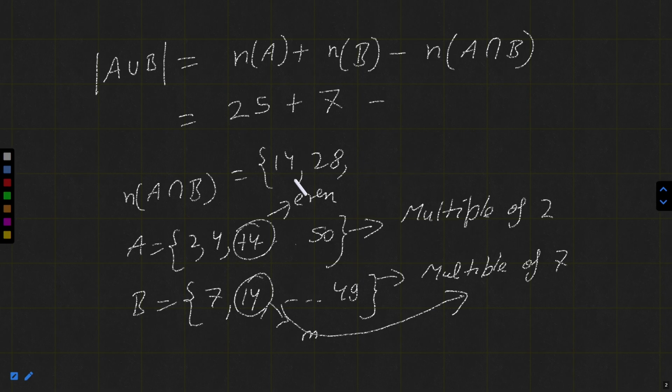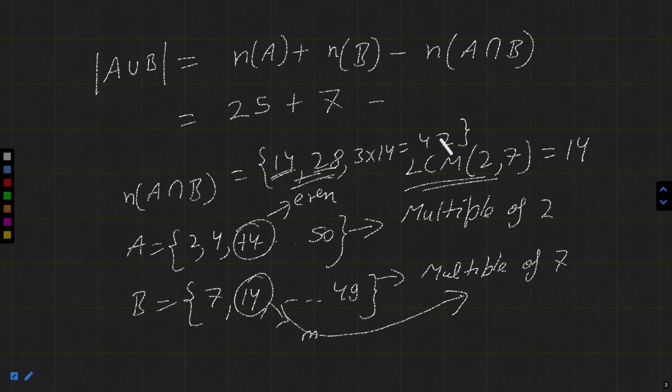The elements of A intersection B will be multiples of the LCM of 2 and 7. The LCM of 2 and 7 is 14. The first element is 14, the second is 2 times 14, and the third is 3 times 14, which is equal to 42.